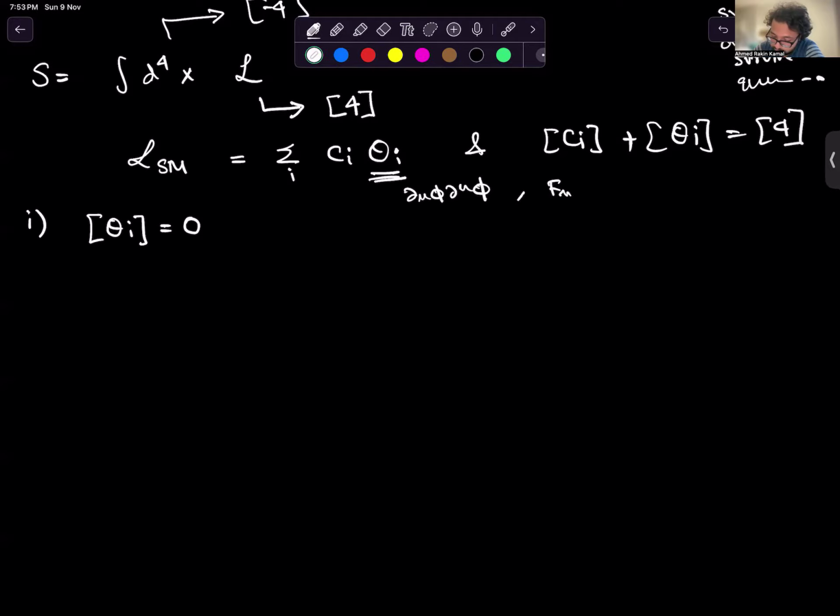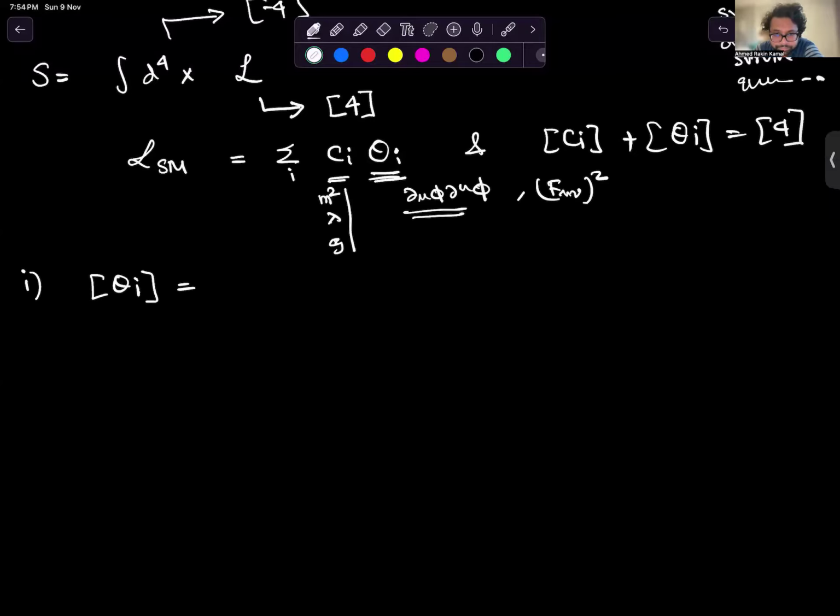These are thetas, and these are strengths of couplings. For example, m squared phi squared, or lambda phi cubed, or g phi to the fourth, and so on. So these are m squared, lambda, and g, and these are basically the terms that are appearing in our Lagrangian.